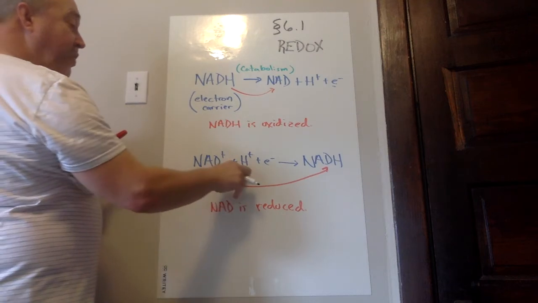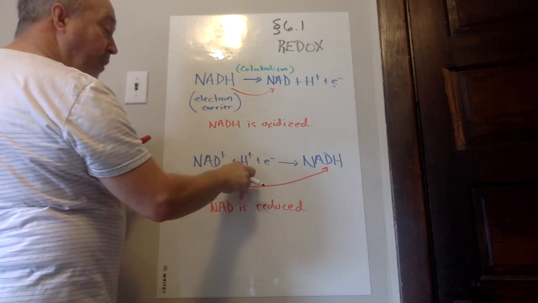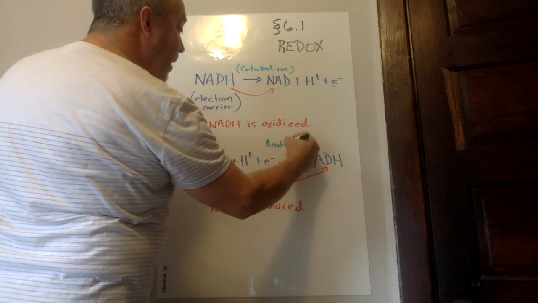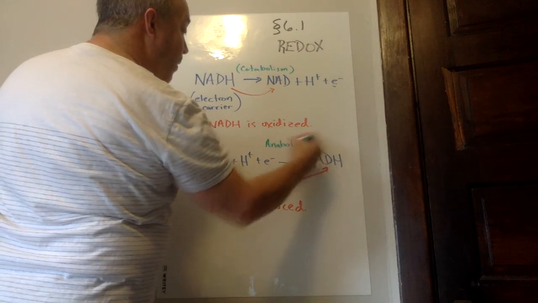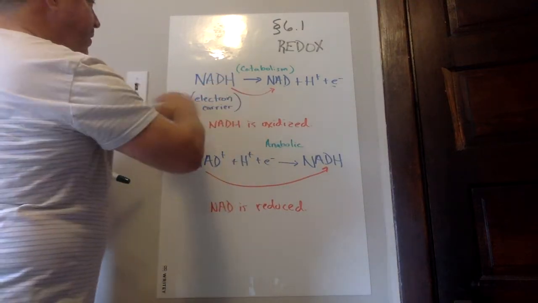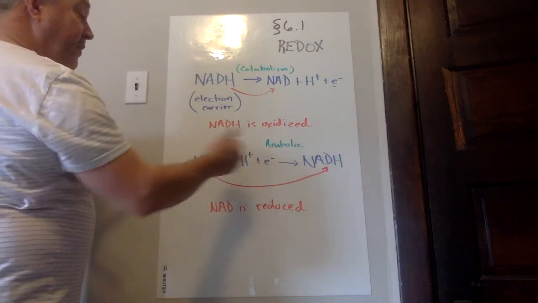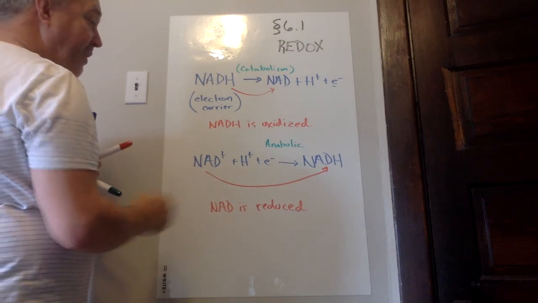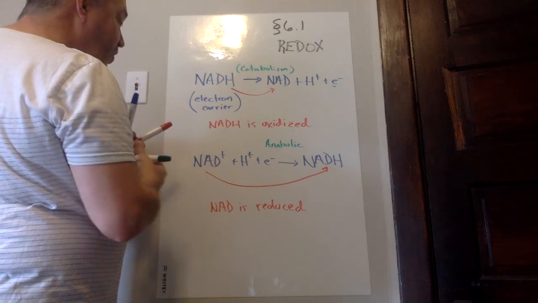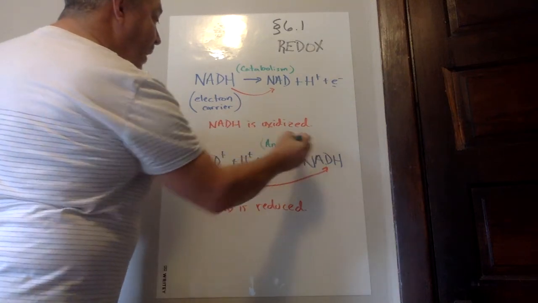Here we see the NAD is going to join with a hydrogen ion and electron, and we will build. So this is an anabolic reaction, because we build something. This is not hydrolysis, because water is not involved. This is not dehydration synthesis, because water is not also created. So here's where we use those general terms, anabolism and catabolism.